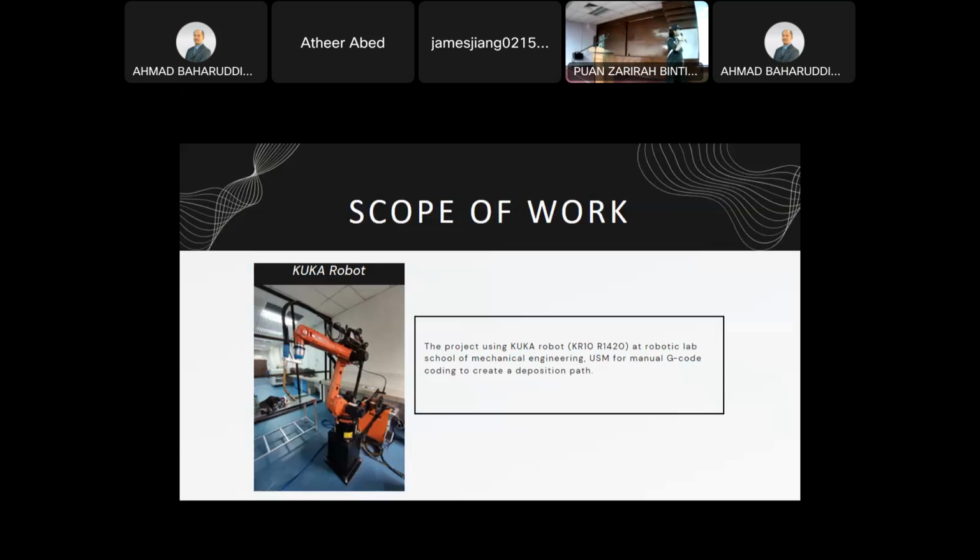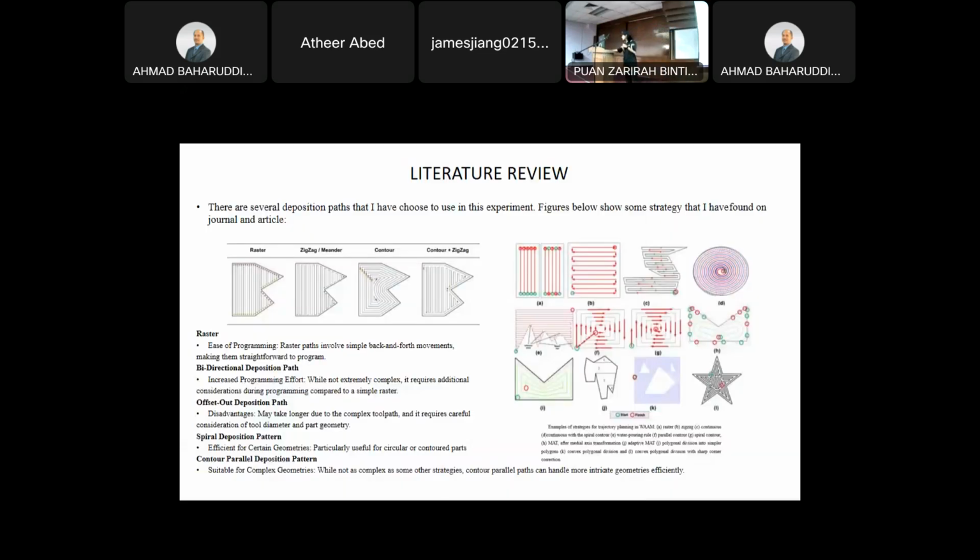So for the KUKA robot, I will create a G-code manually according to the deposition path, and after that we create the welding process. This is my literature review according to the journals.